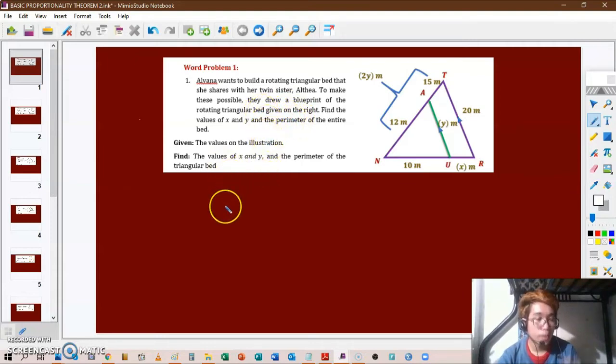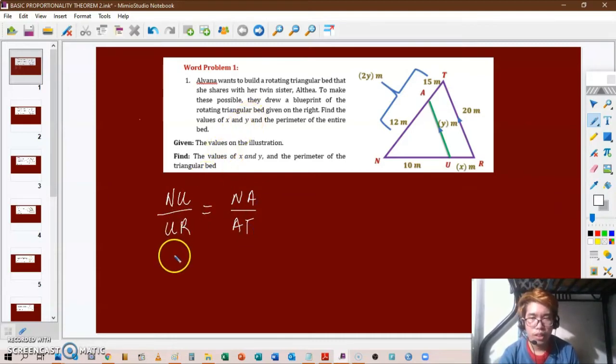Using the basic proportionality theorem, we can say that NU over UR should be equal to NA over AT. We know that NU is equal to 10, UR is equal to x, NA is equal to 12, and AT is equal to 15.